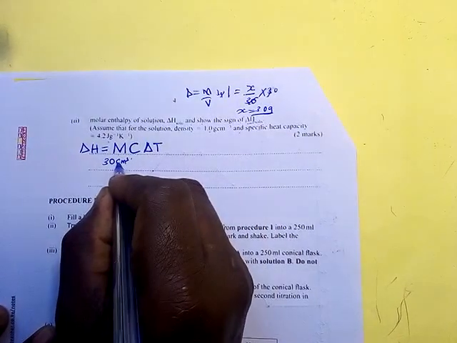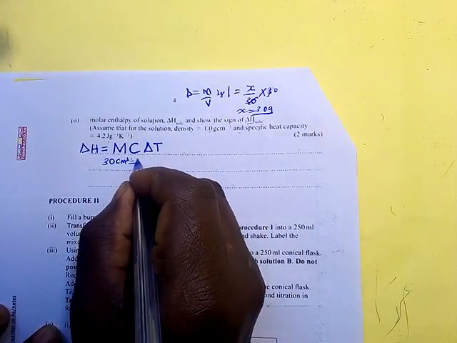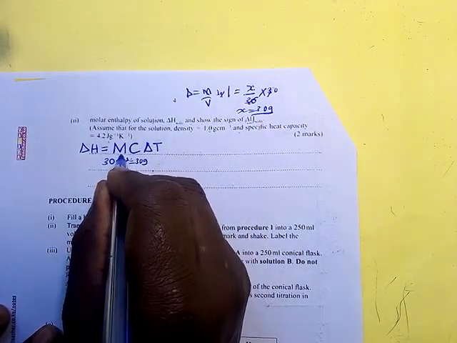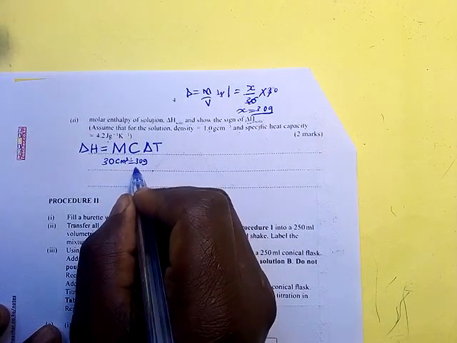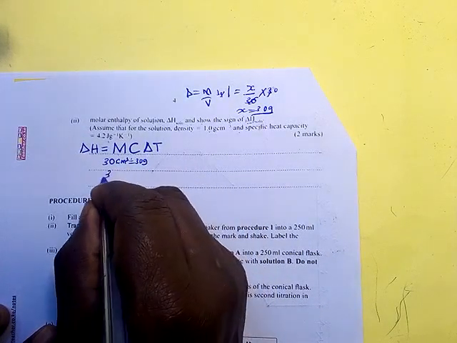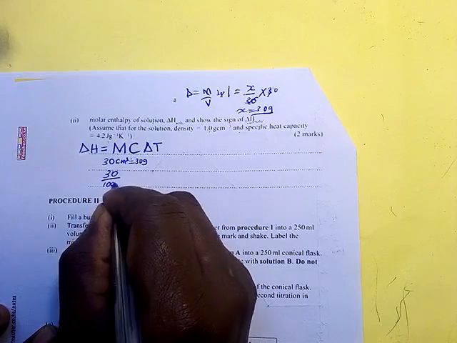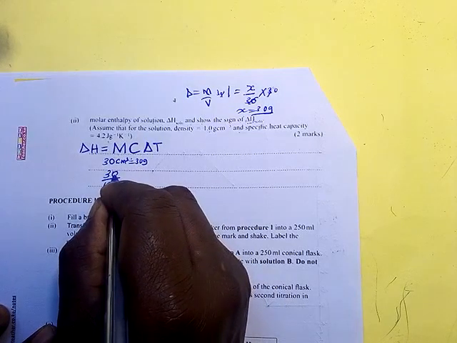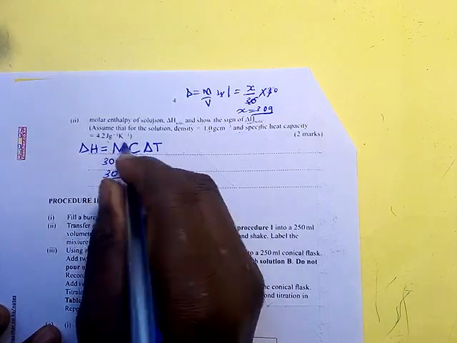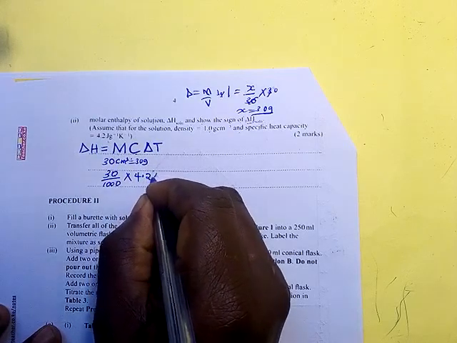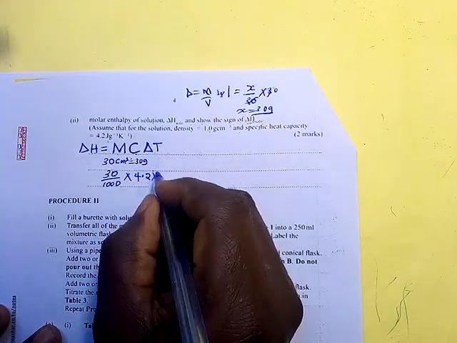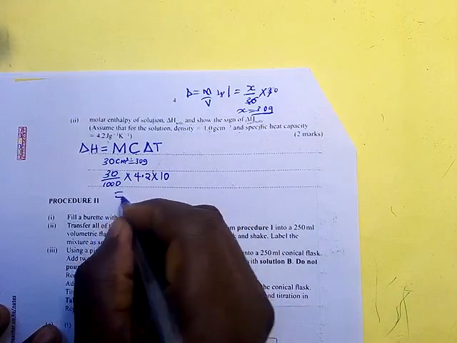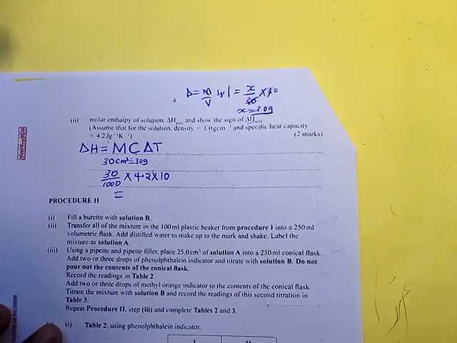Now this 30 centimeters cube is as good as 30 grams. Now we convert 30 grams to kilograms. So that is now 30 over 1,000. Now I've converted this to kilograms, and times specific heat capacity, which is 4.2, times temperature change, which we calculated, which is 10.